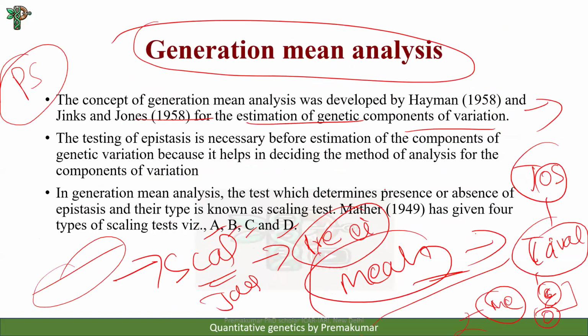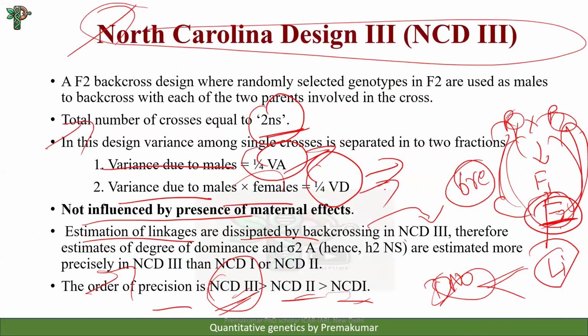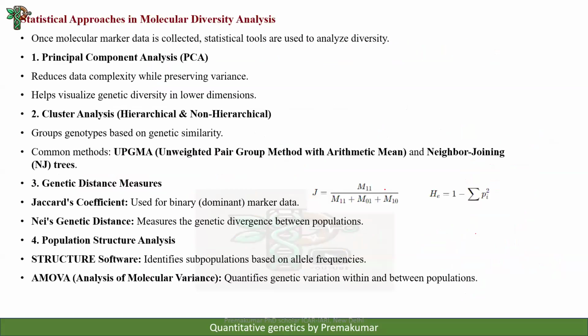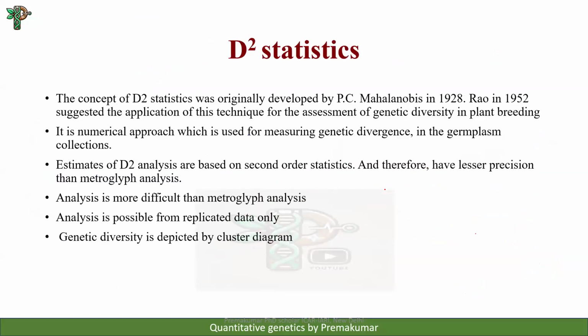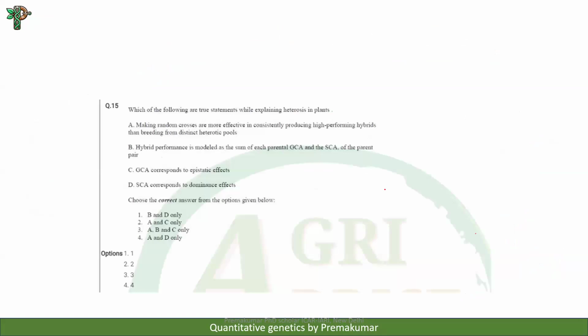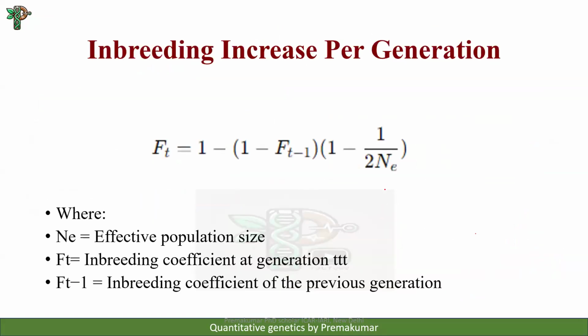So in this formula, you just substitute: F_t = 1 minus (1 minus 1 by 2N) to the power of t. With N as 10, 2N means 20, and we have to estimate only for the second generation.